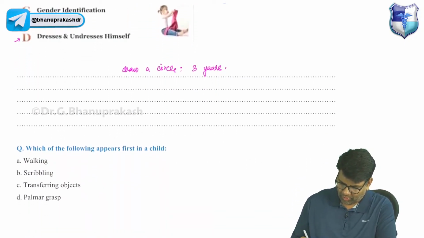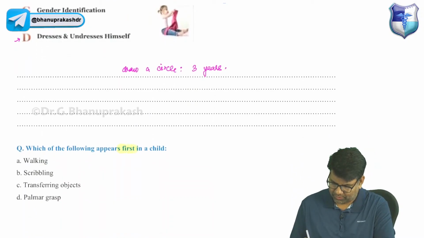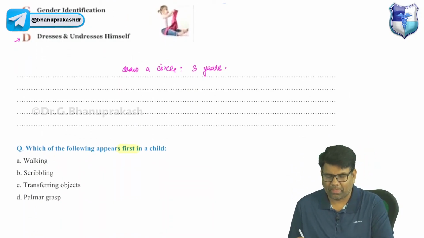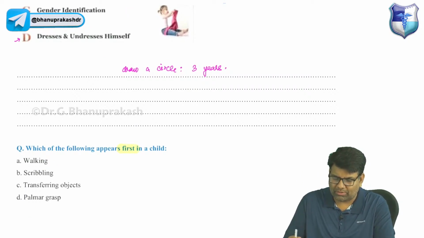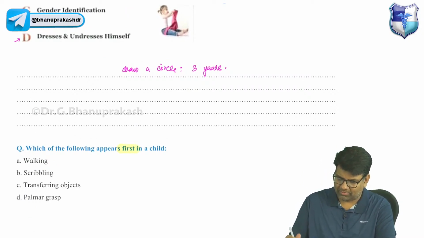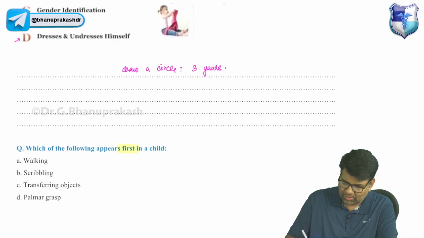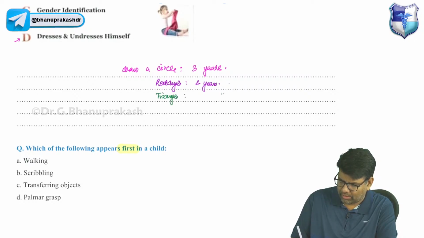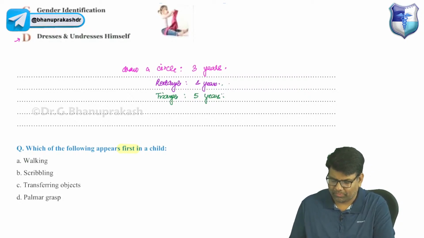Now, which of the following reflexes appears first in a child? Yes, Patusha, the triangle at 5 years. So here you can also remember: circle 3 years, square 4 years and triangle 5 years, like 3, 4, 5. Very good.